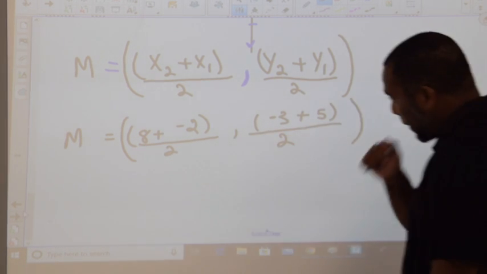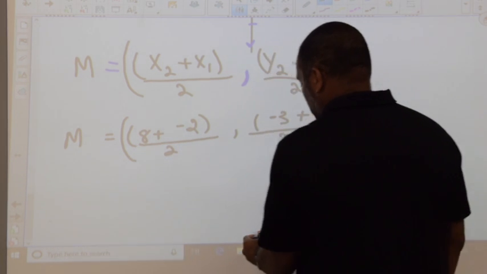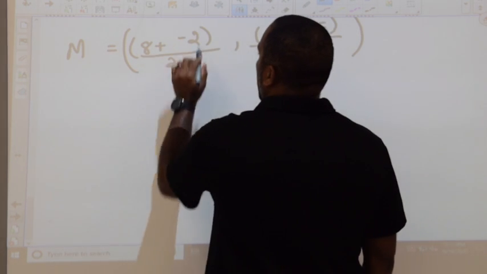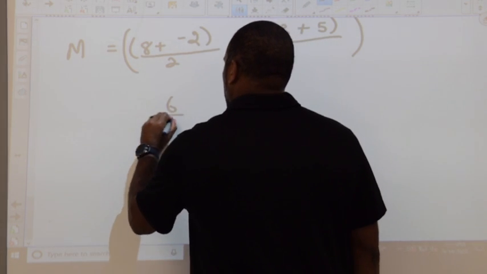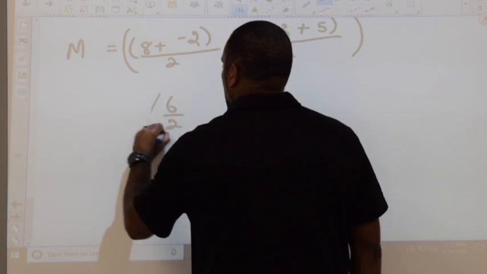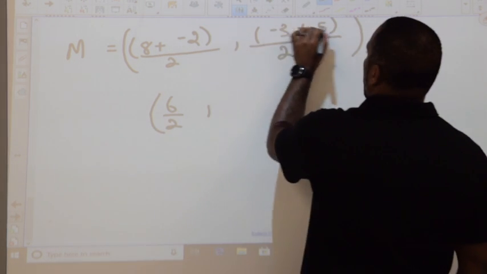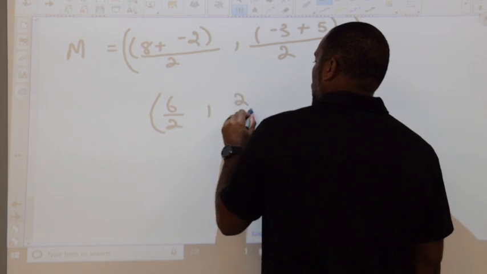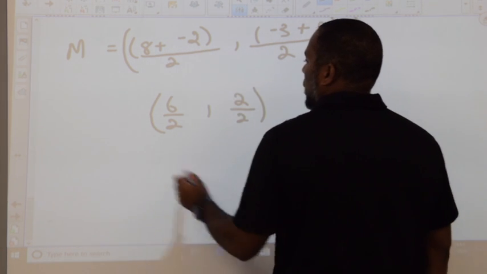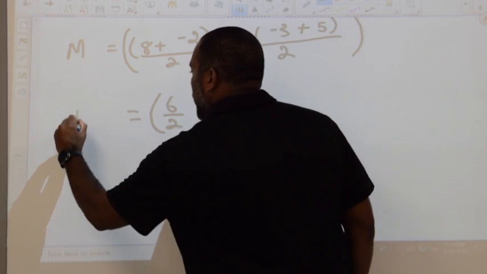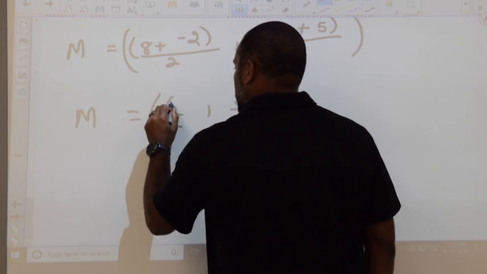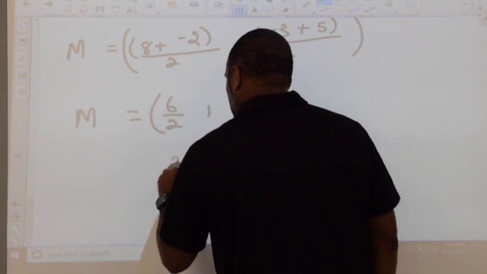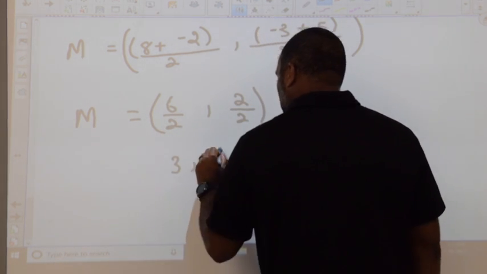From there, all you have to do is simplify. 8 plus negative 2 is 6 over 2, comma, negative 3 plus 5. Negative 3 plus 5 is 2 over 2. So the midpoint is 6 over 2, which is 3, comma, 2 over 2, which is 1.